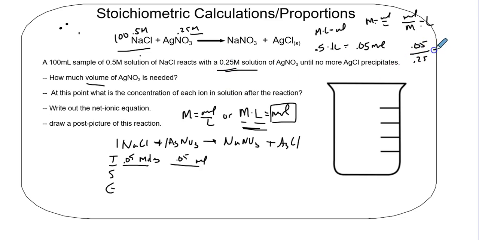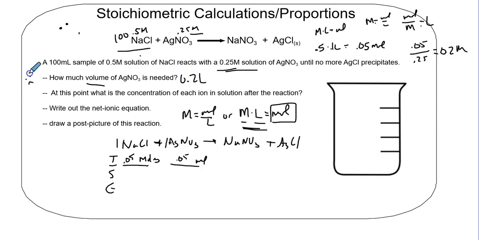And what do I get? 0.05 divided by 0.25 equals 0.2. So my answer here is 0.2 liters.